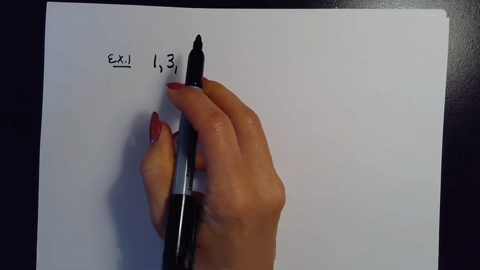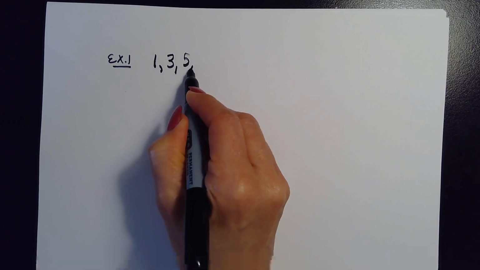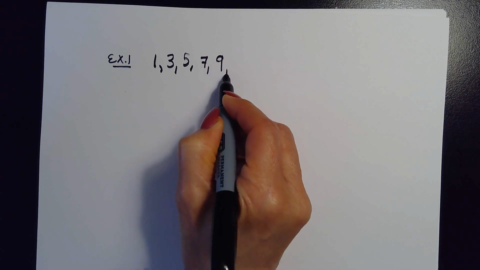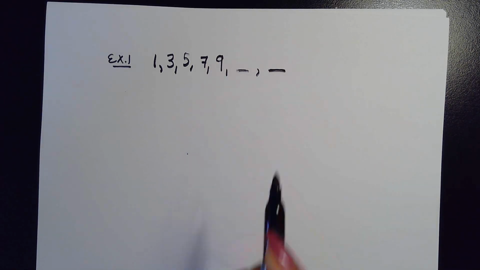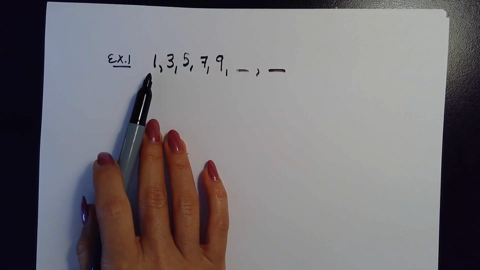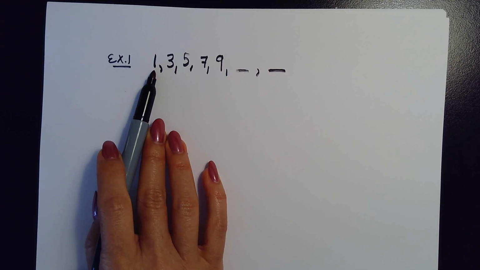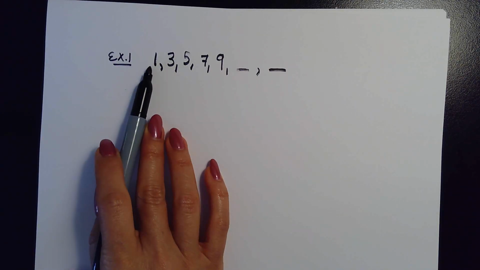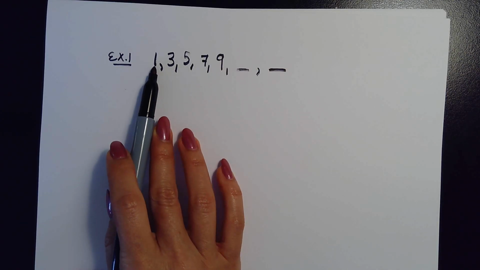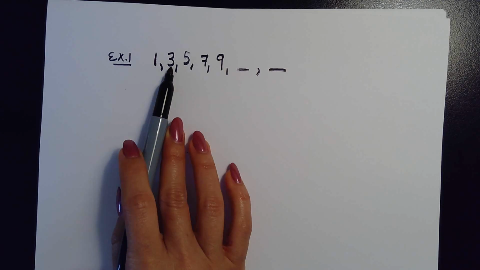So we have 1, 3, 5, 7, 9, and we need to find the next two, right? So if you observe, you want to start looking at how we generate the next number from the previous number, and so on.